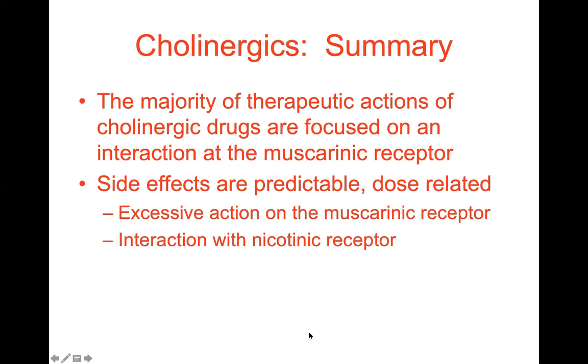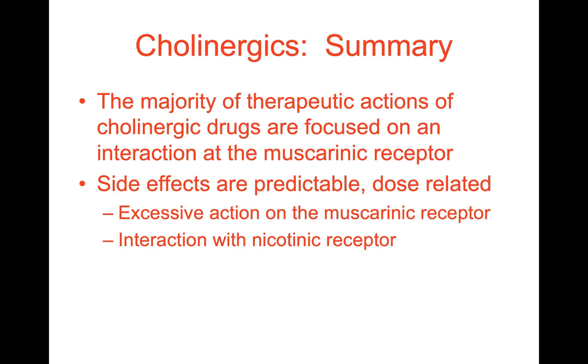To summarize the cholinergics before we move on: most of the cholinergic drugs, especially the agonists and antagonists, are focused on the interaction at the muscarinic receptor. Side effects are usually predictable and dose related. Sometimes we can lower the dose and the side effect goes away, or move to another agent with a slightly different affinity.